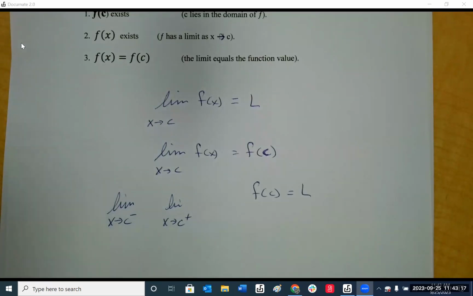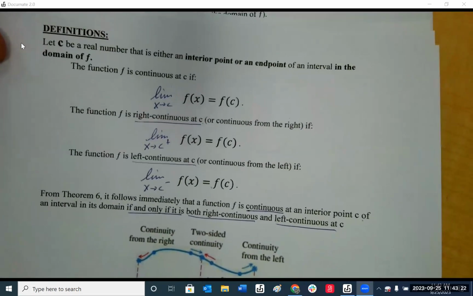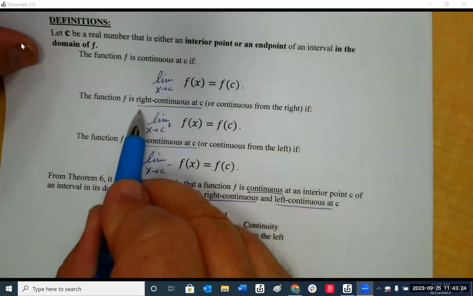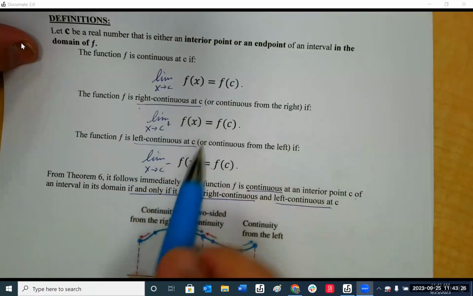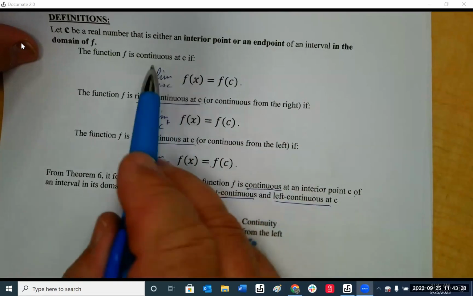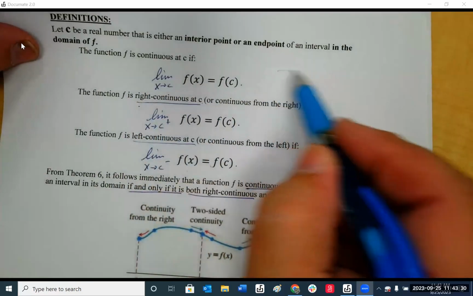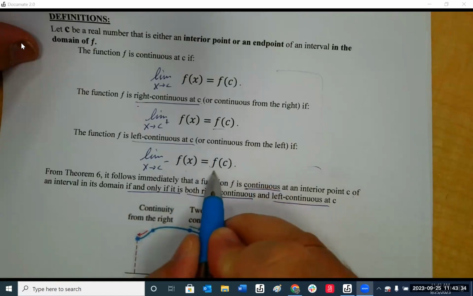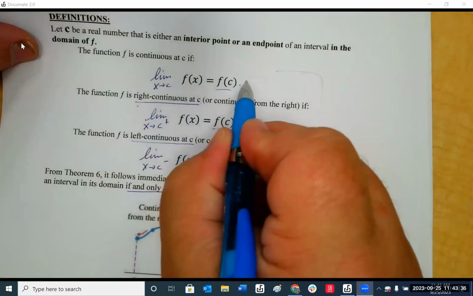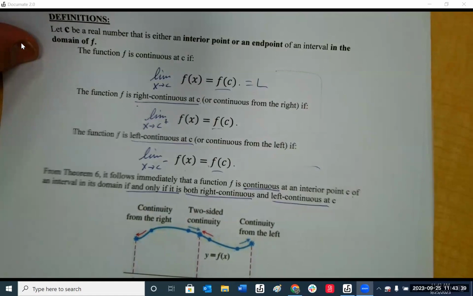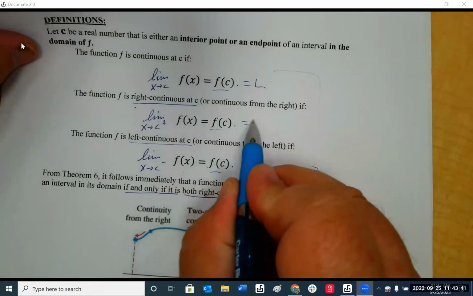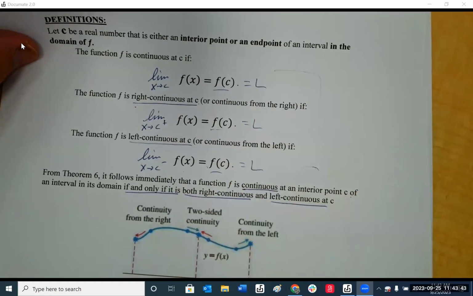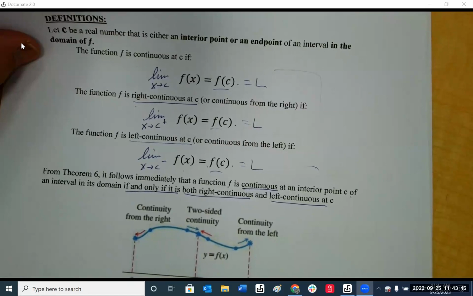It has to be continuous from the right and continuous from the left. If that's true, because they're going to the same values, they're all going to f of c, and this equals L. So all of these have to go to the same value. That's how we check if it's continuous.